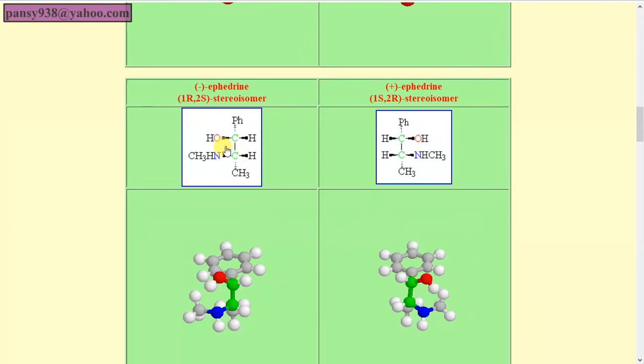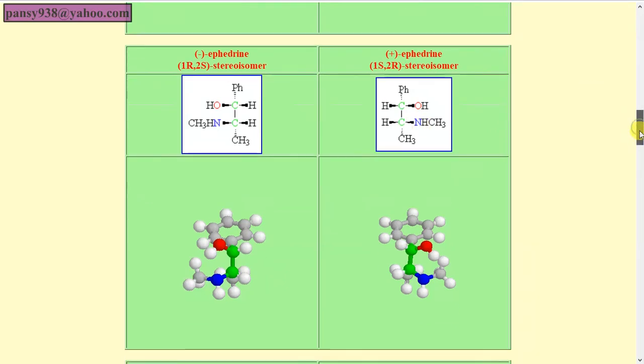For example, in the two-dimensional diagram, you see that the hydroxyl group and the nitrogen bearing side of both lie at the left position, while in case of positive ephedrine, the hydroxyl group and nitrogen bearing chain both are at the right side.